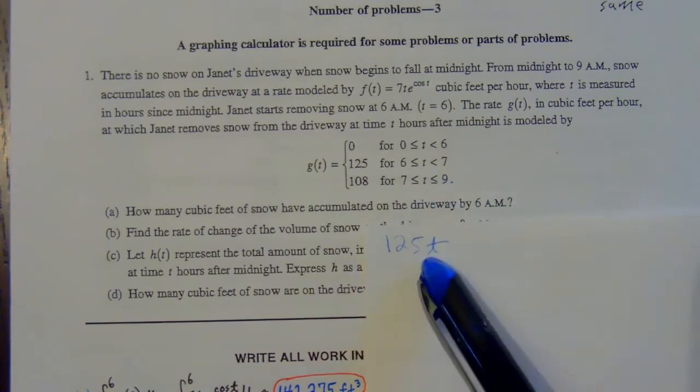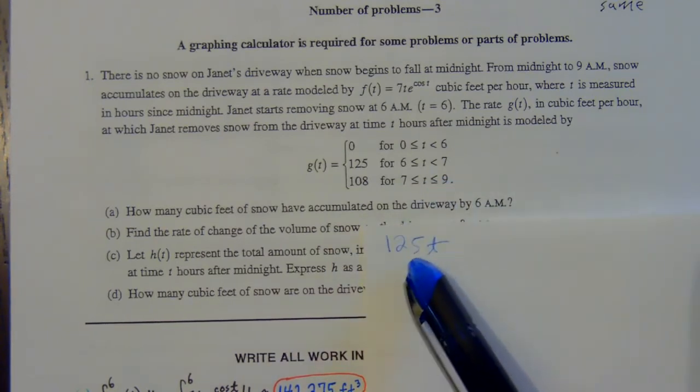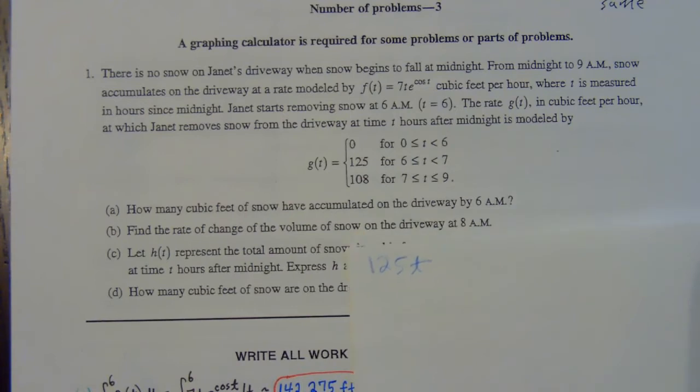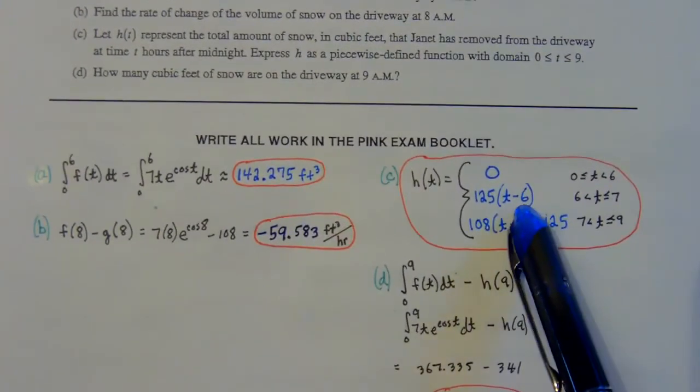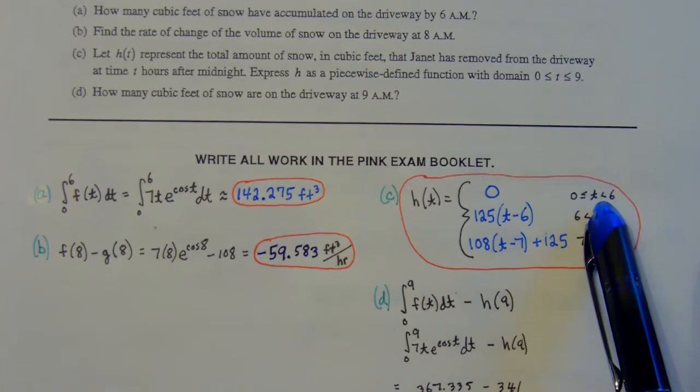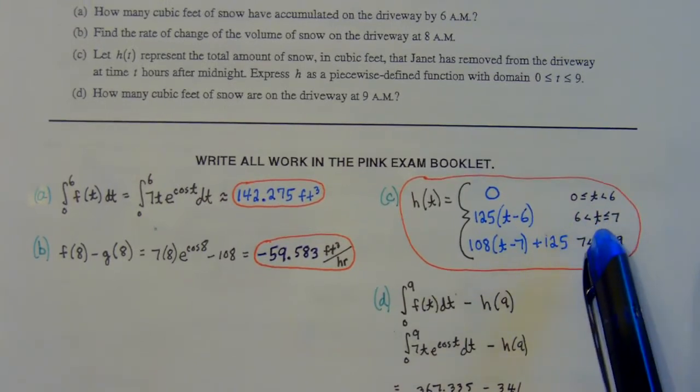But if you plug in 6.5 and go 6.5 times 125, that's her removing snow at a rate of 125 cubic feet per hour for 6.5 hours. And that's not how long she was removing snow. So what you needed to do is subtract out those 6 hours that she wasn't removing snow.